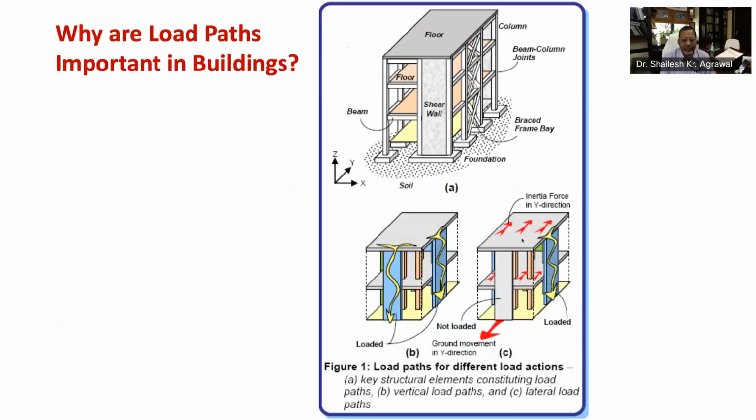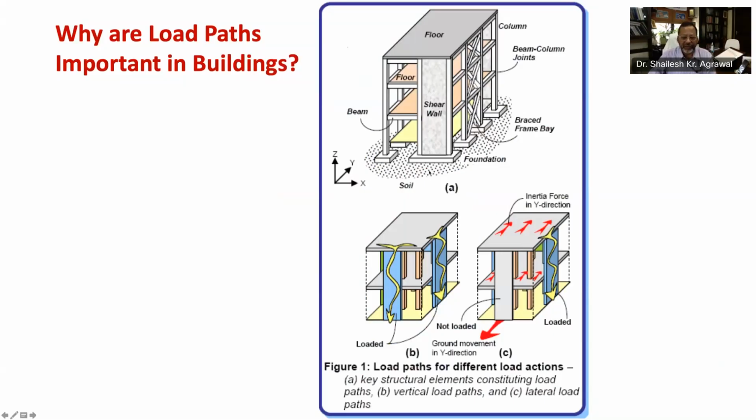These inertia forces are transferred downwards through horizontally and vertically aligned structural elements, that is, beams, columns, shear walls, to foundation, which in turn transmits these forces to soil underneath. The paths along which these inertia forces are transferred through a building are called load paths.